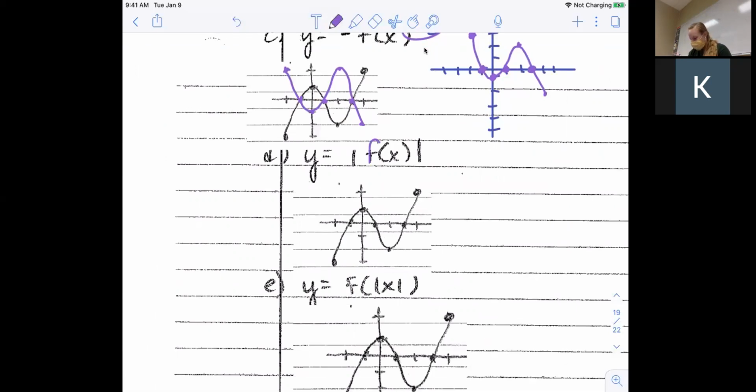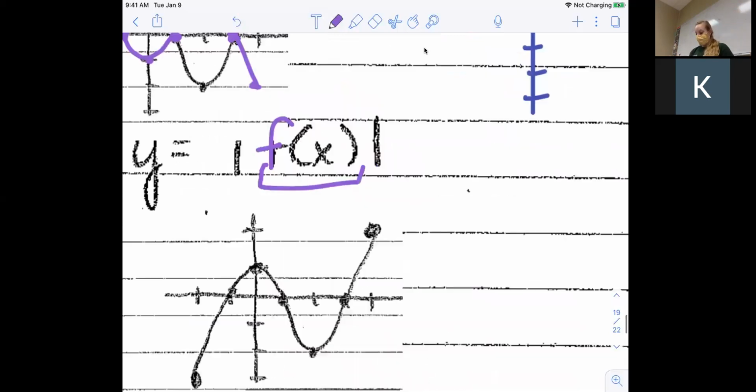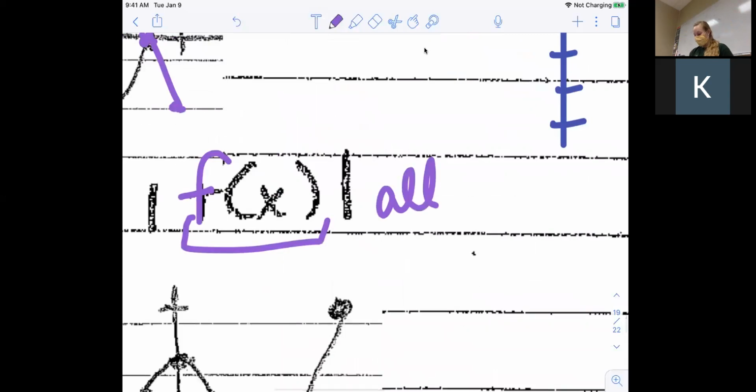My whole function's inside of it. So that's the same thing as your y's. If it's an absolute value on the outside of your function, then there are no negative y's. You can plug in whatever negative number you want, but there are no negative y's. So all of your y's need to go positive. You don't change the actual value, but if it's on the negative side, you just flip it to the other side.